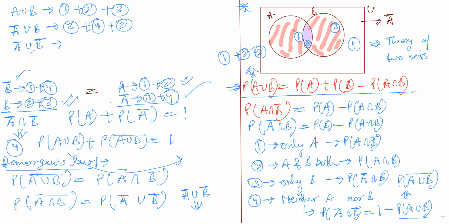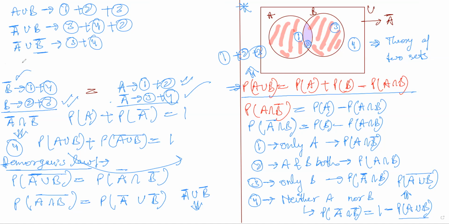A complement contains 3 plus 4, right? So first of all, 3 plus 4 will have to come. Now we'll reach B complement because the union is applied.